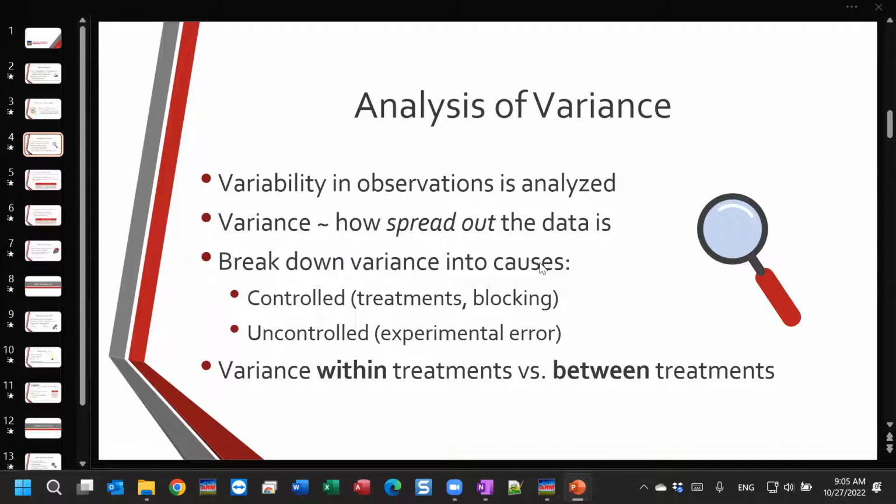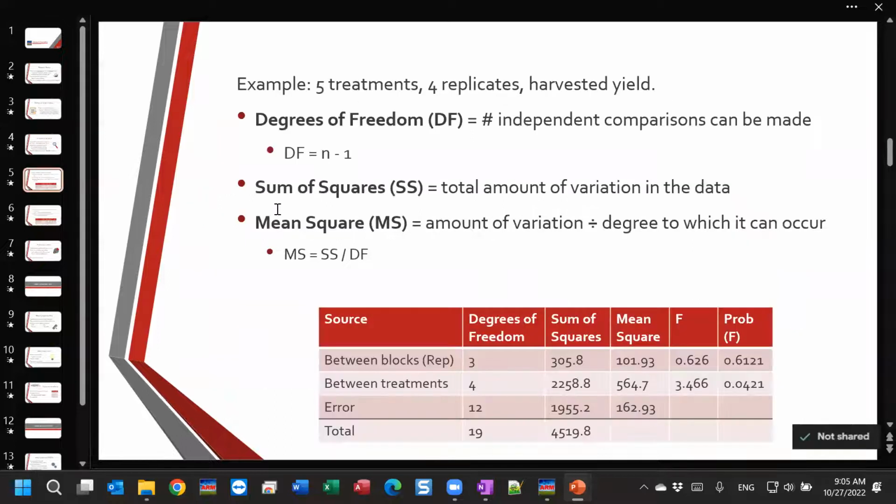We're breaking down that variance into different causes, whether it's controlled from your treatments and blocking, and then you have that experimental error that is uncontrolled. We're really comparing the variance within treatments versus the variance between treatments. We walked through an example.